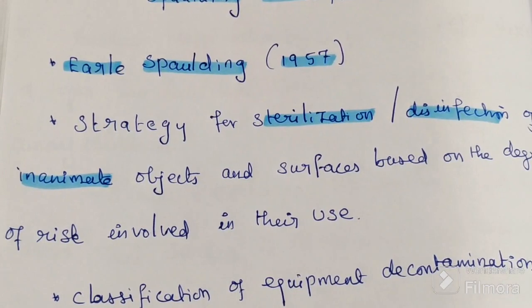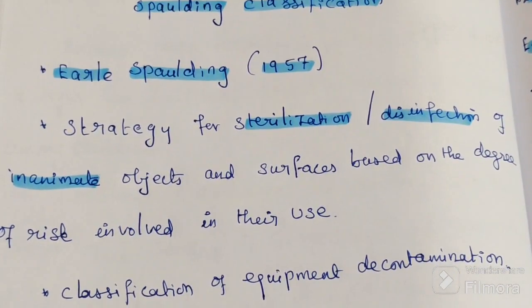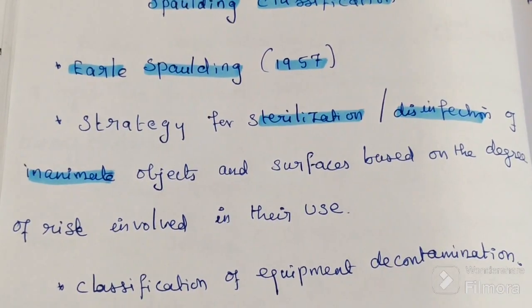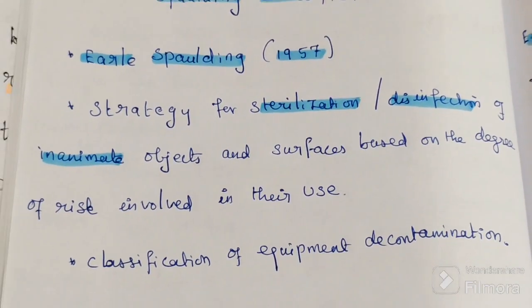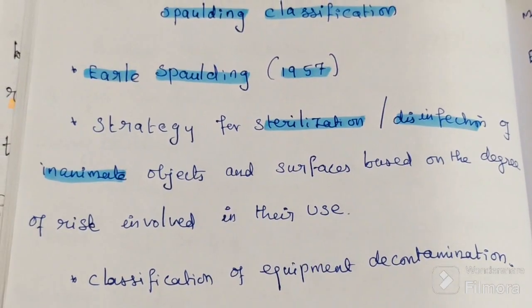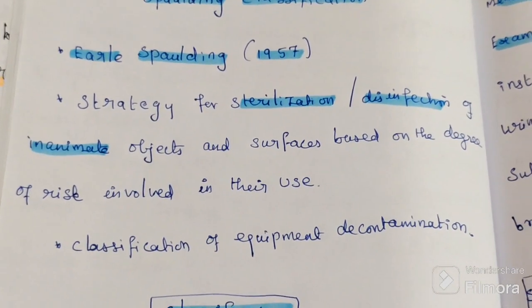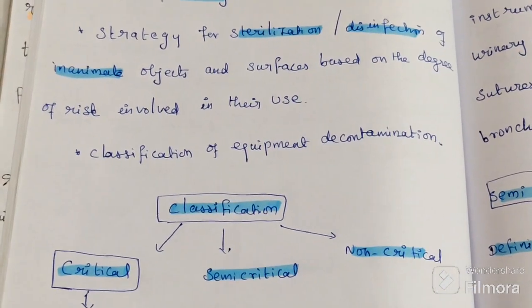So we classify equipment by contamination and decontamination. The Spaulding classification divides the device or surface into critical, semi-critical and non-critical.